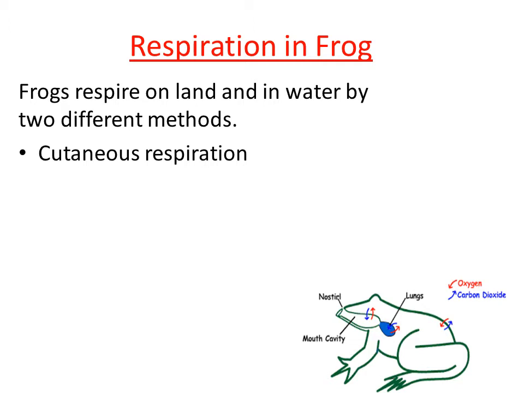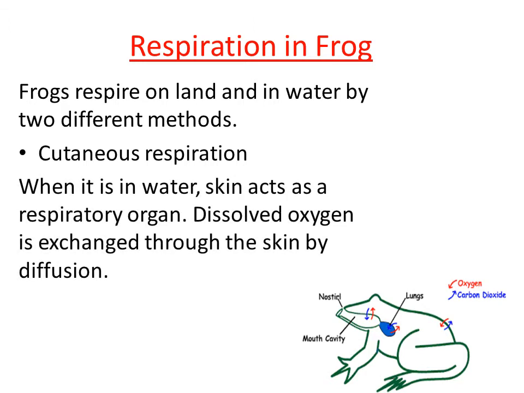When the frog is in water, skin acts as a respiratory organ. That means it can't utilize its lungs during that time, right? Instead of utilizing lungs for respiration, it utilizes skin for the exchange of respiratory gases.